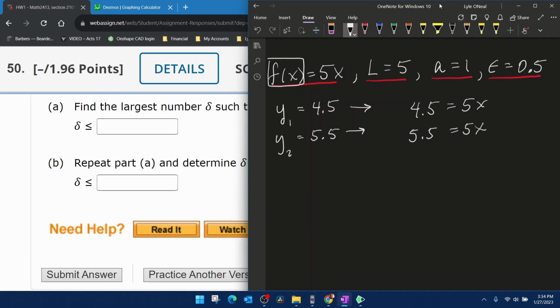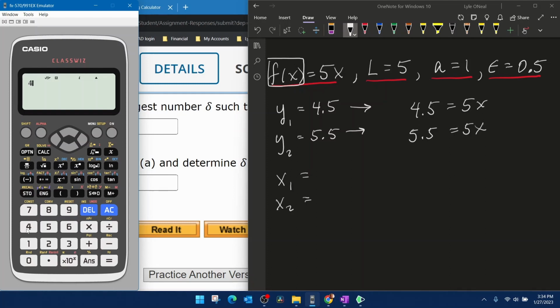Then we're going to solve each of those equations for x, and that will give me my x1 and my x2. Using my handy dandy calculator, 4.5 divided by 5 on both sides gives a decimal value of 0.9. And dividing 5.5 by 5 gives us a decimal value of 1.1.